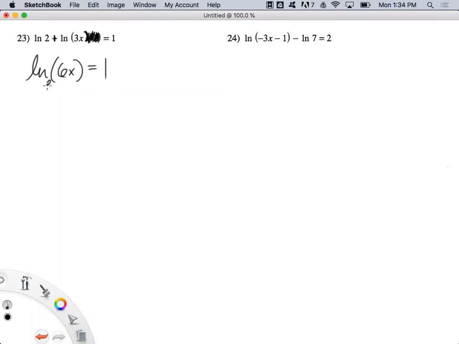E. The base of ln is e. Don't be confused. This becomes e to the 1 equals 6x, right?